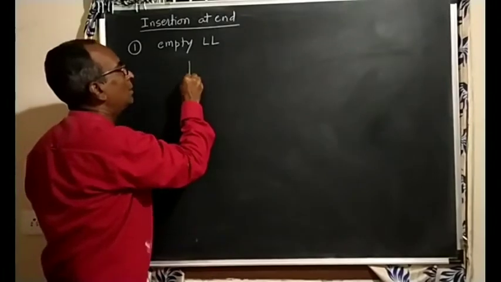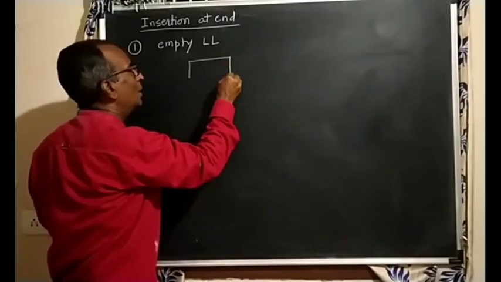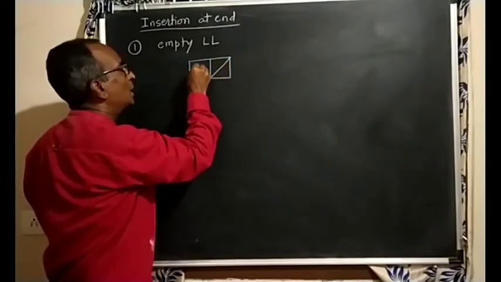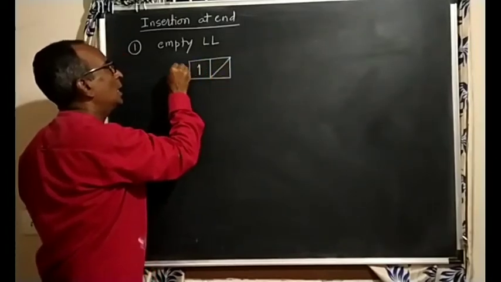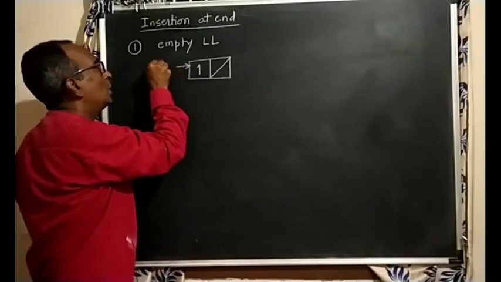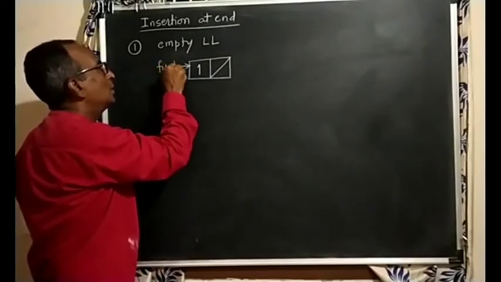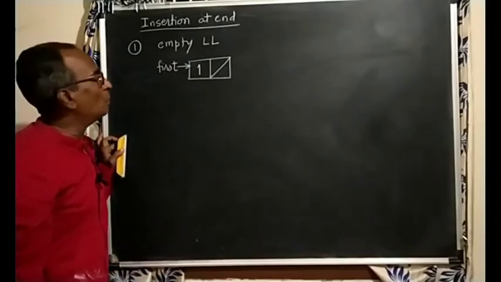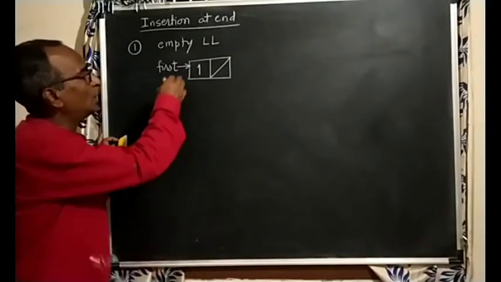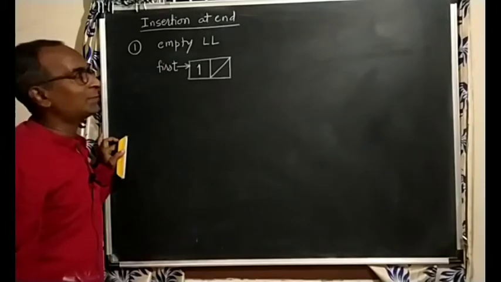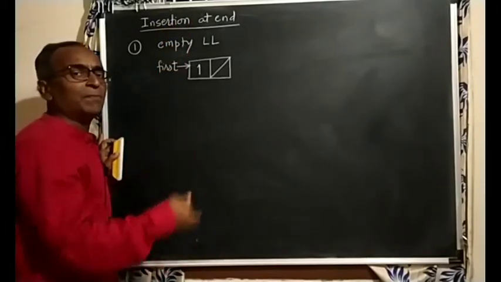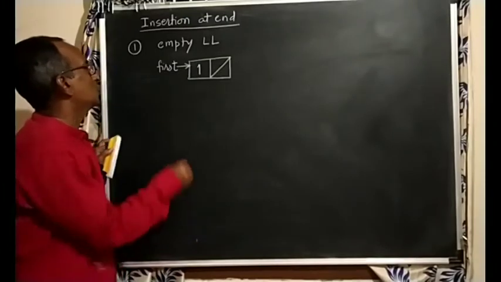So again same thing, node is created, it is given null, given information field, and then this will be pointed by first, because in an empty linked list you are adding one new node. So that new node becomes the first node that we have seen. This condition is similar to whatever we have explained at beginning insertion.